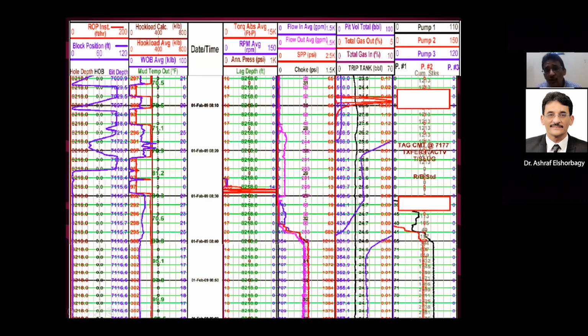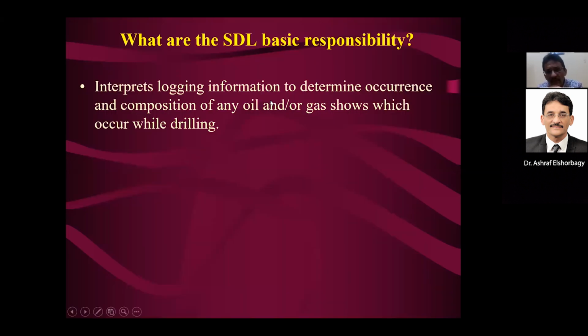One more responsibility of the mud logger is interpreted logging. What is interpreted logging? You have to see the gases, which is very, very important. If we have any gases, the mud logger has to check the cuttings coming from the bottom, describe these cuttings, and check if they have any oil shows or not.